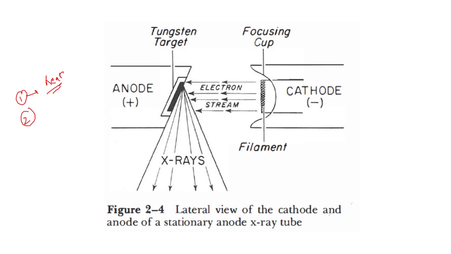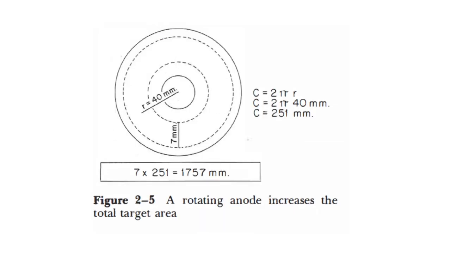Number two, copper and tungsten, because of having different coefficients of expansion, they both expand at different rates. As a result, the tungsten might peel away from the anode. So to prevent this, we have developed a new thing which is called a rotating anode.